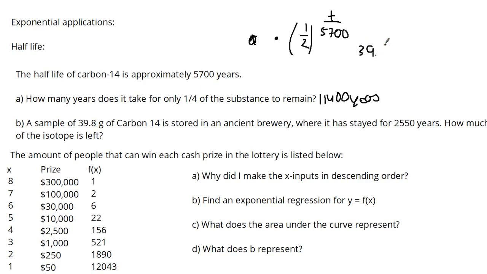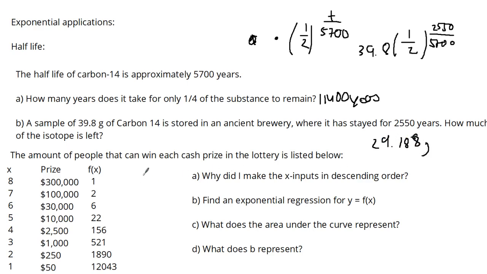Our initial value is 39.8, and we multiply that by 1/2 to the power of 2,550 over 5,700, and I'm going to use a calculator right now. 39.8 times 0.5 to the power of 2,550 over 5,700. That'll give you 29.188 grams. So there will be 29.188 grams left.